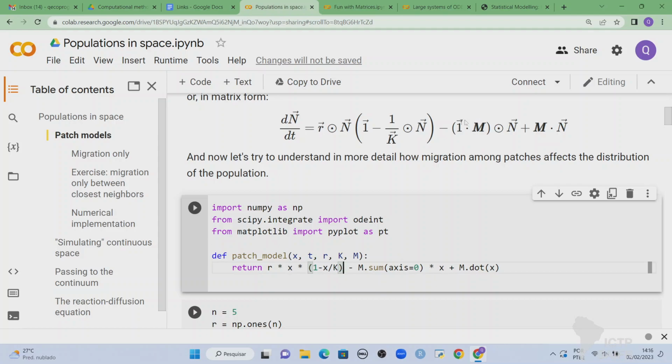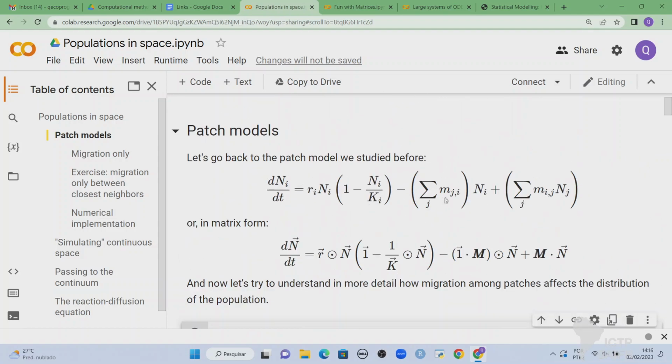Then you have the sum over the columns. We have discussed this: I want to sum all of the lines of this matrix. For each column i, the second index being the column, I want to sum over all of the lines, so I have to sum along axis 0.